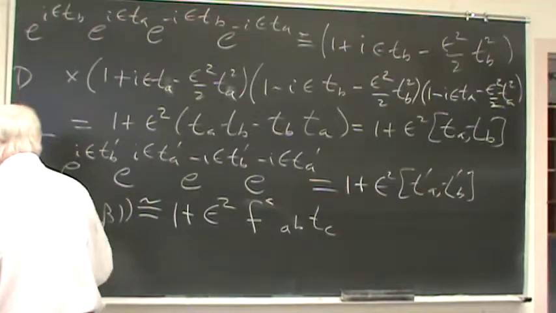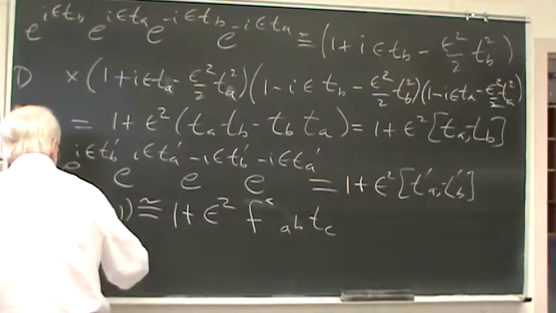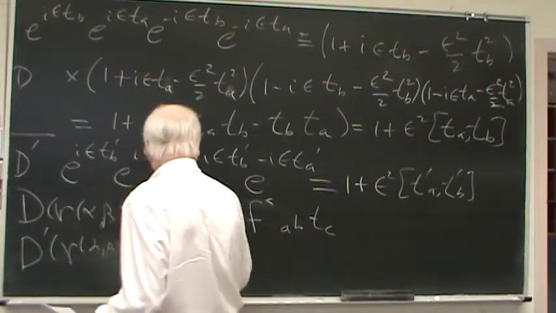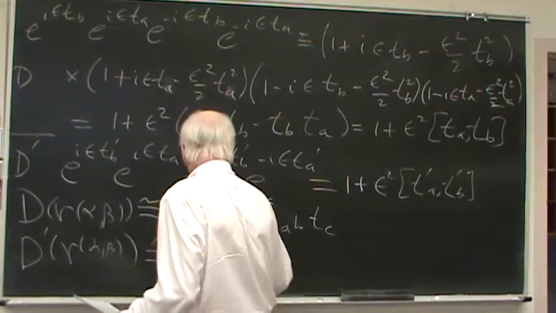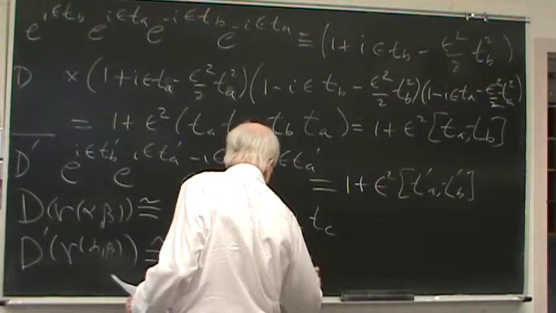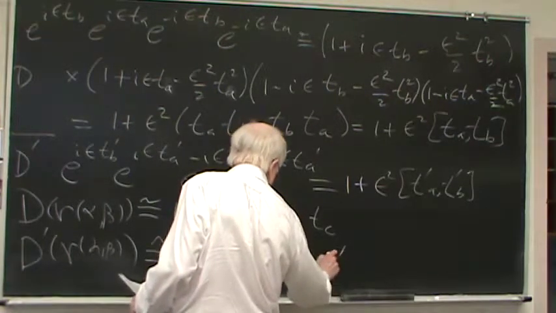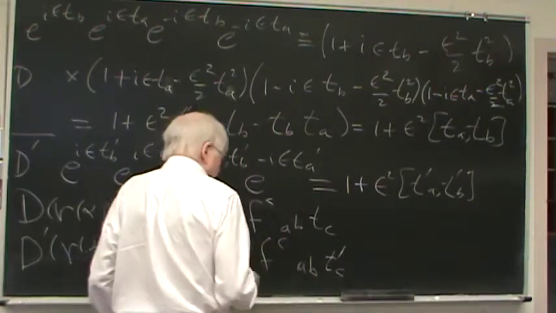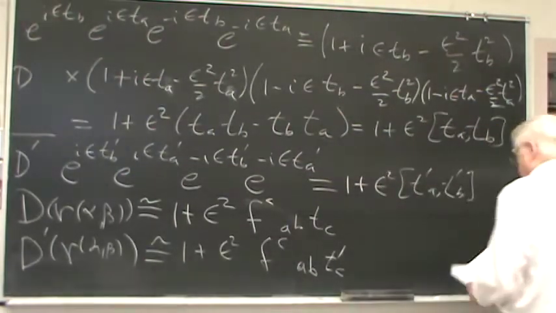And then D prime of gamma of alpha and beta, well, it has to be the same thing, 1 plus epsilon squared F^C_AB, but now T prime C. It's going to be really hard to write with this chalk.